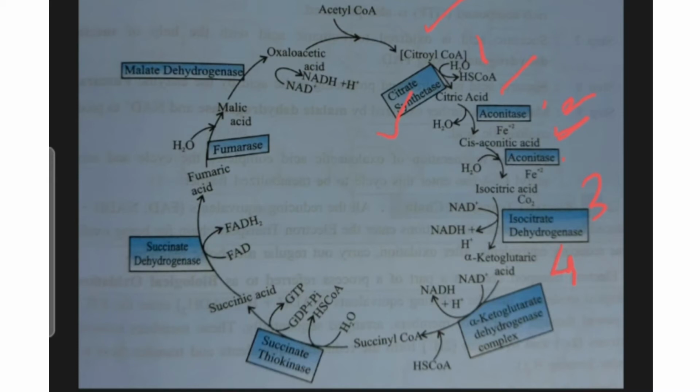Now the fifth reaction. Here the alpha ketoglutarate dehydrogenase complex catalyzes a similar set of reactions as the pyruvate dehydrogenase complex. When pyruvic acid is converted to acetyl CoA, here alpha ketoglutaric acid is converted to succinyl CoA.